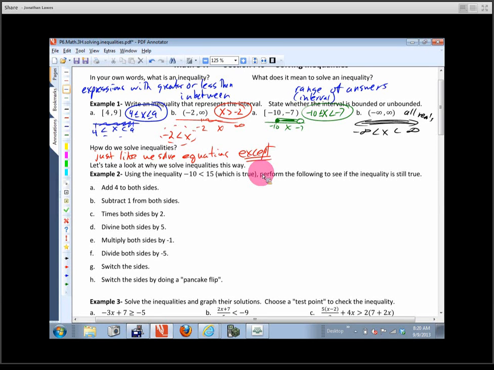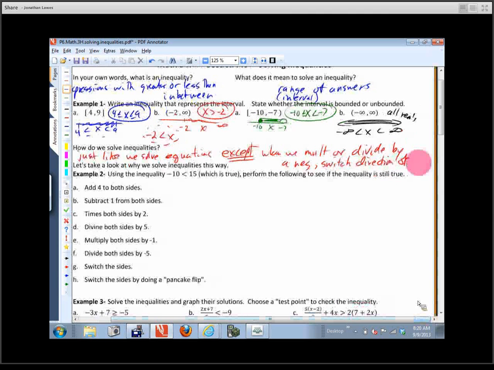What are they? Okay, except when we multiply or divide by what? A negative. Okay, what do we do then? Okay, so we'll say this correctly. We switch the direction of the inequality.